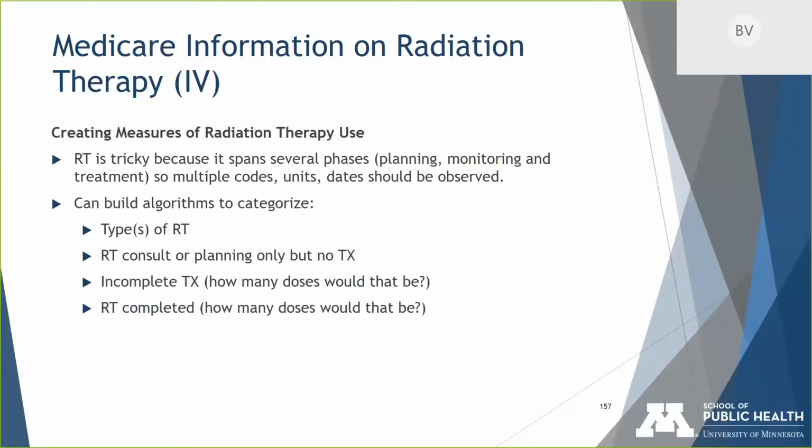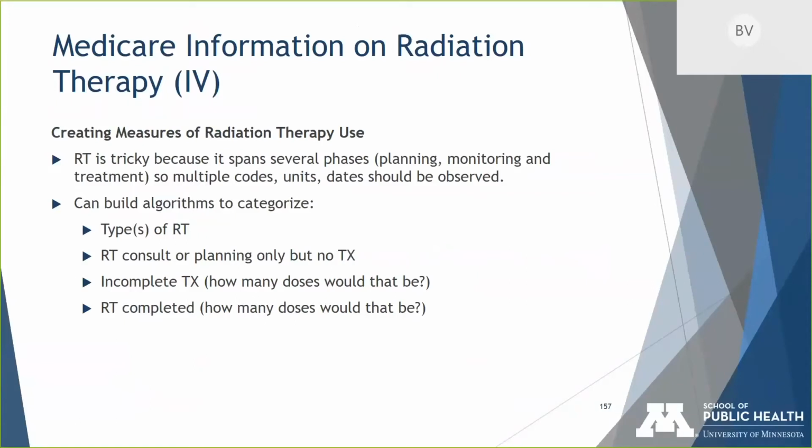You really need to be thoughtful about ensuring that you have a full list of codes and that you understand the units that were used to bill for the therapy and the dosing, as well as the dates for when treatment occurred. Using this combination of information, and we'll look at an example here in a minute, you can build different algorithms to calculate and categorize the types of radiation therapy.